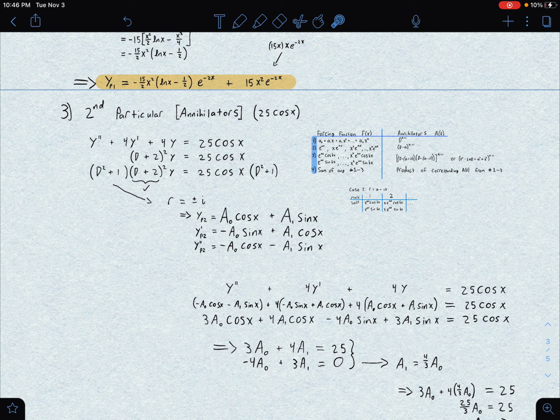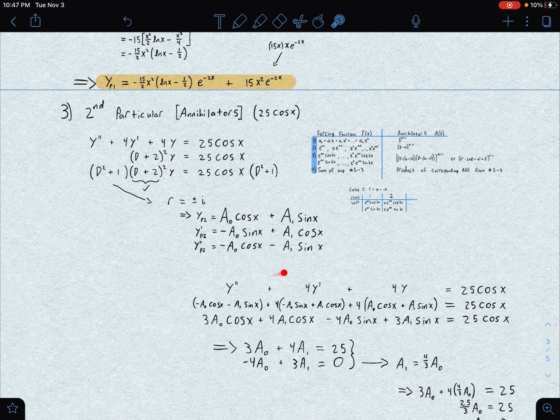So we're going to want to take the derivative and second derivative of this particular solution, plug it back into this equation, and solve for a naught and a1. So for y p2 prime, I got minus a naught sine x plus a1 cosine x, and y p2 double prime equals negative a naught cosine x minus a1 sine x.